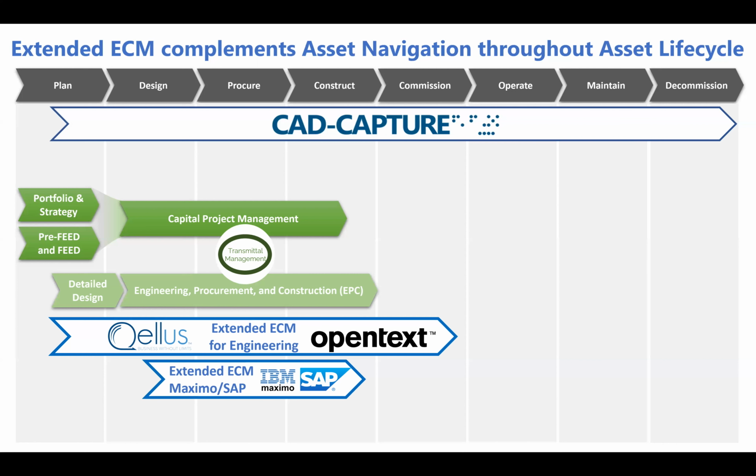It's also the data sheets, the spare parts list, the master supplier agreements, and other things that are available seamlessly via the navigation using Extended ECM for SAP and or IBM Maximo. So that's the first part of this, where we're designing and we're constructing.